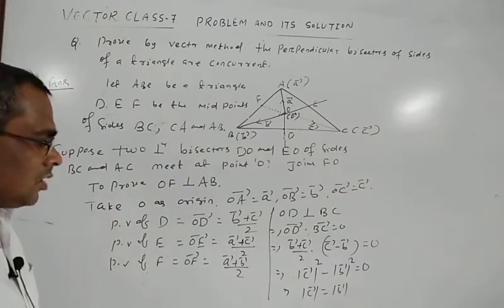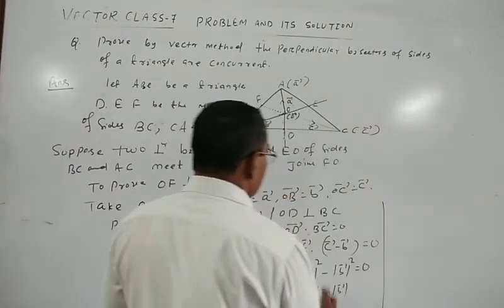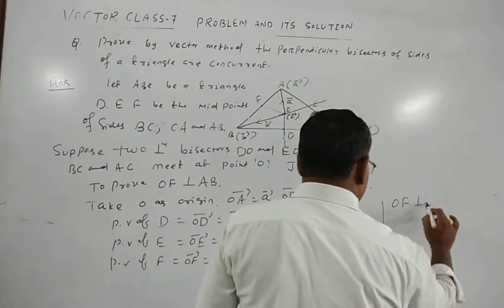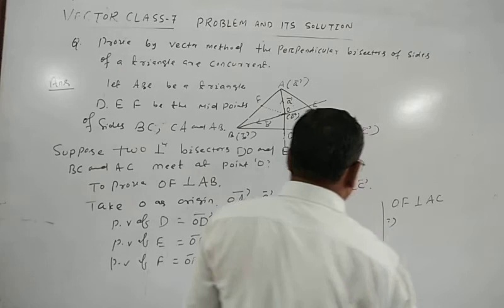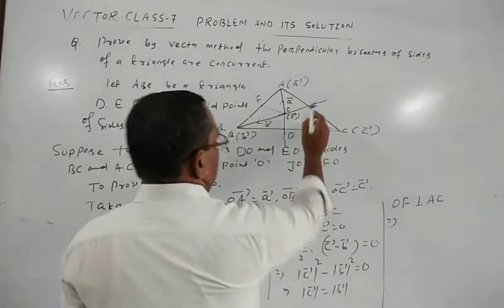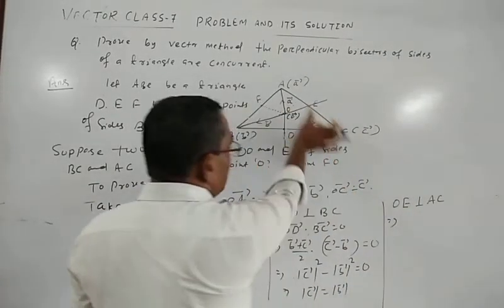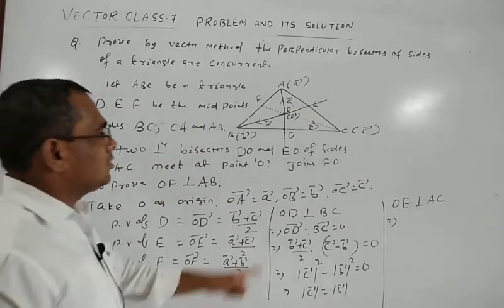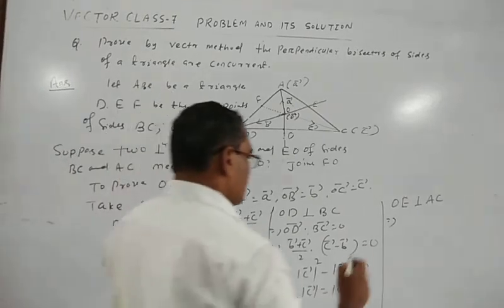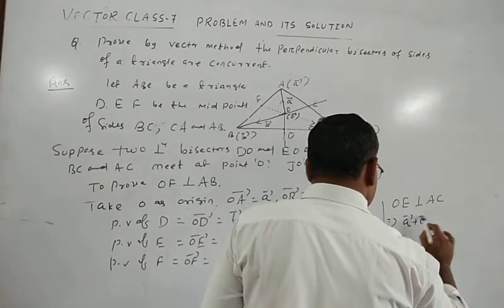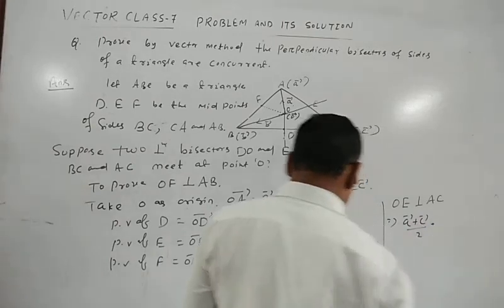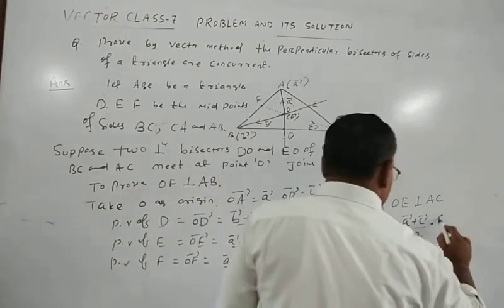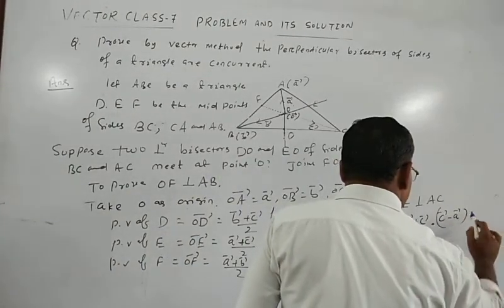Okay. Next, OE is perpendicular to AC, because we take this one. So what is the position vector of E? It is (A vector plus C vector) by 2, dot the AC vector, which is the position vector of C minus the position vector of A, so C vector minus A vector, and this is equal to 0.